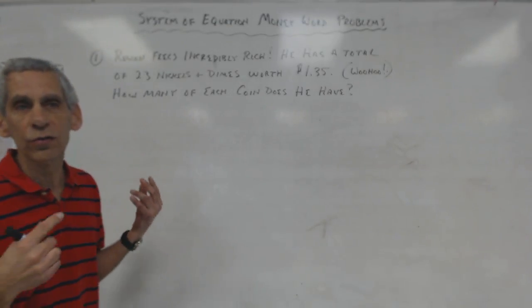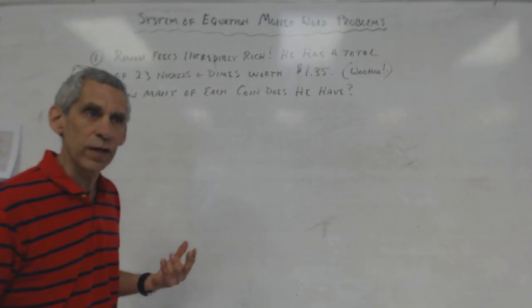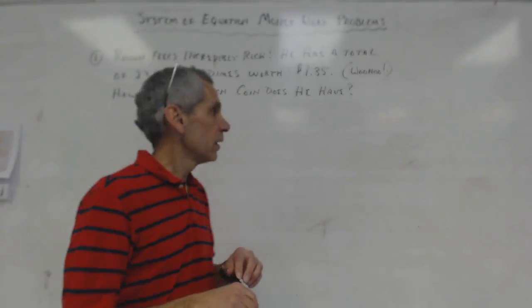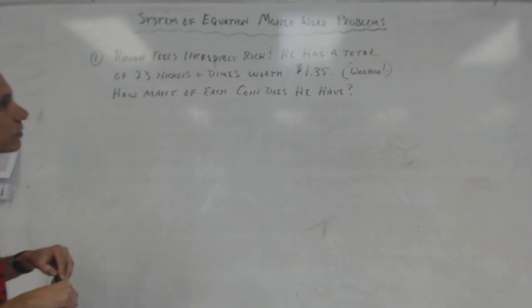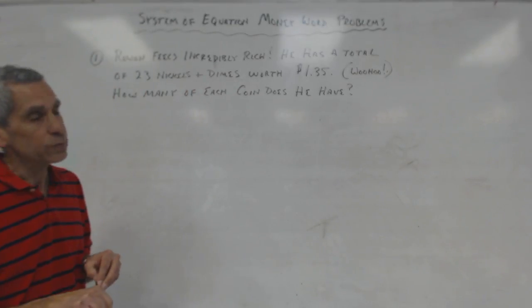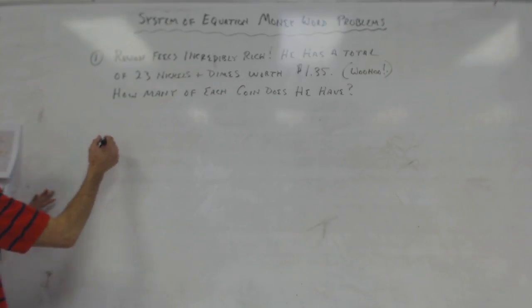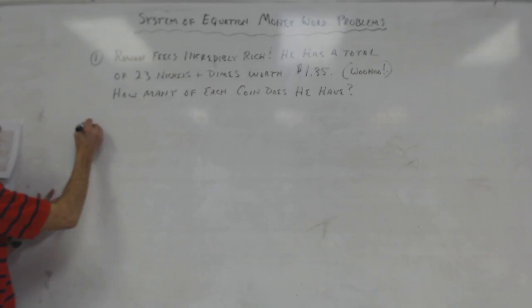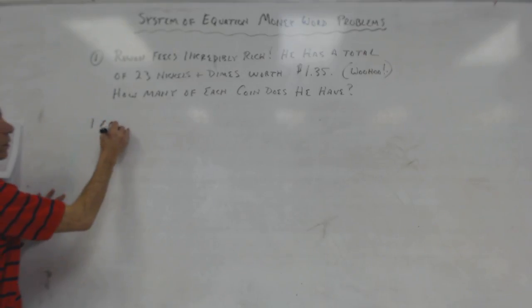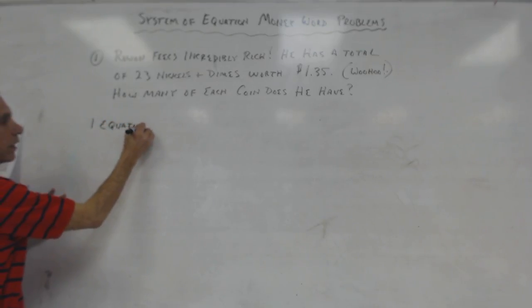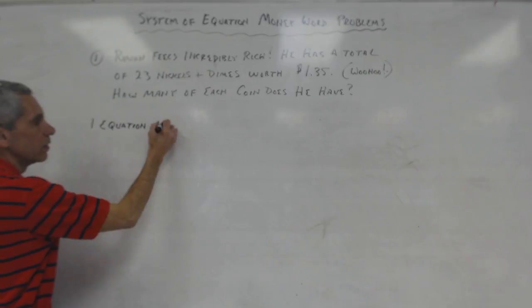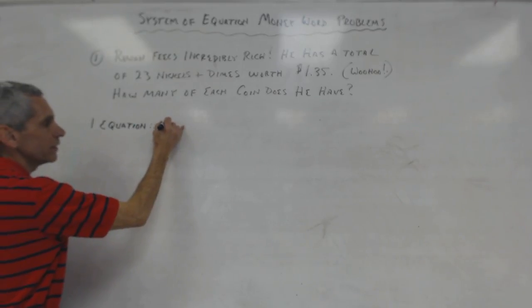Okay, so we're going to use systems of equations to solve these. And when you do systems of equations with stuff like this, especially with money, you think of two things. I want one equation that focuses on quantity of coins.